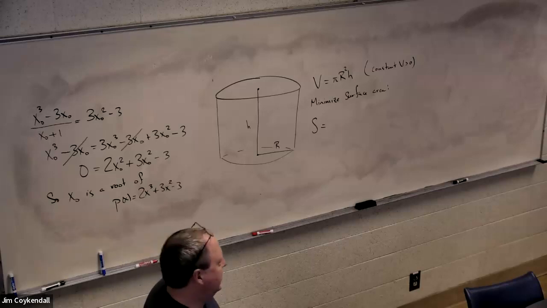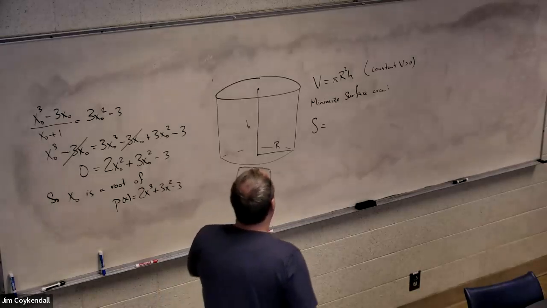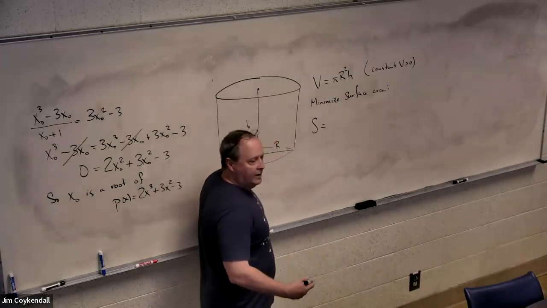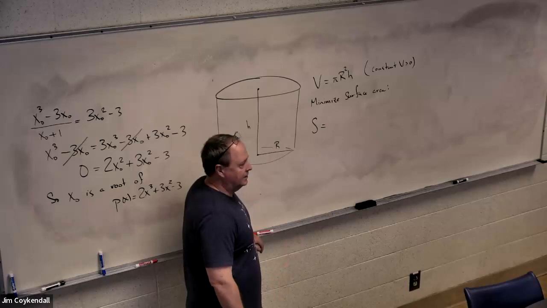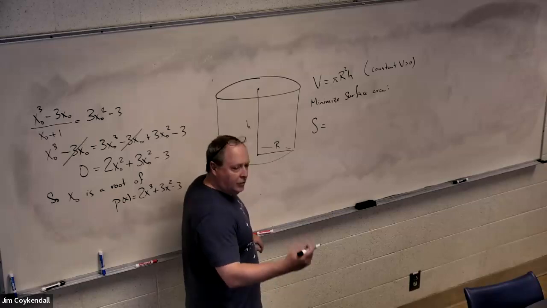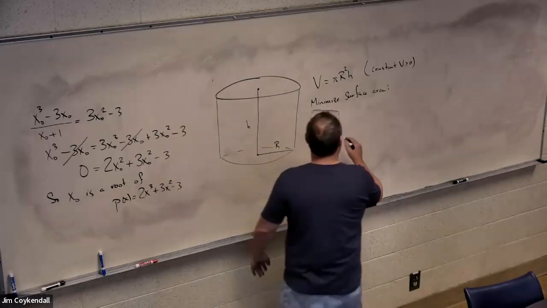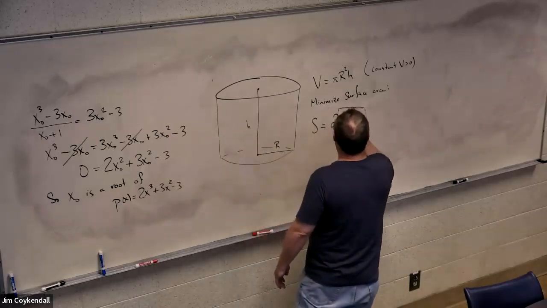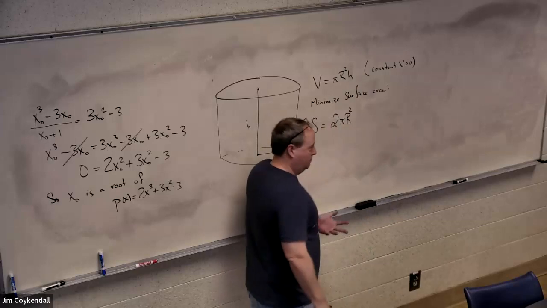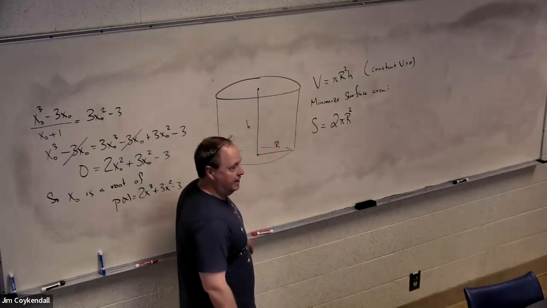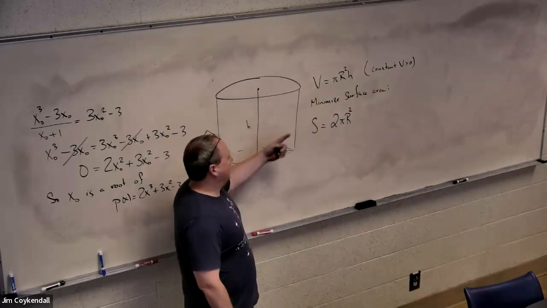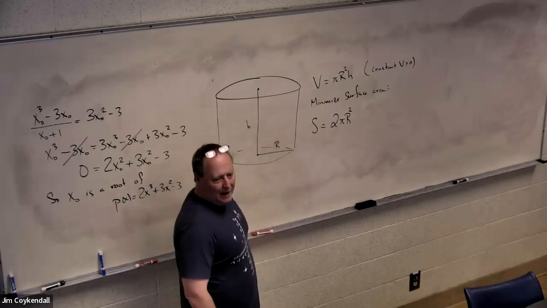We've got top and bottom. So what's the formula that takes care of the area of the top and bottom? It's two circles, right? So two pi R squared. Great. What about the area that goes along the cylindrical side?